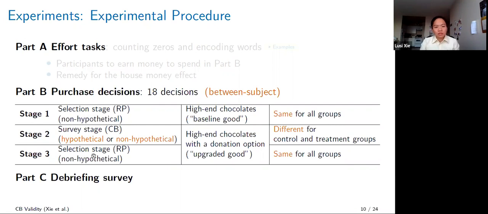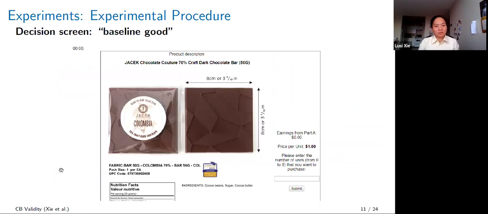Now let's come to the interesting part: what are the chocolates we auctioned off? So we chose the JSIC chocolate because it seems to be famous and I heard it's good. And we try to provide as much information as we can in the experiments because it's online and it's not as concrete as if we did it in person.